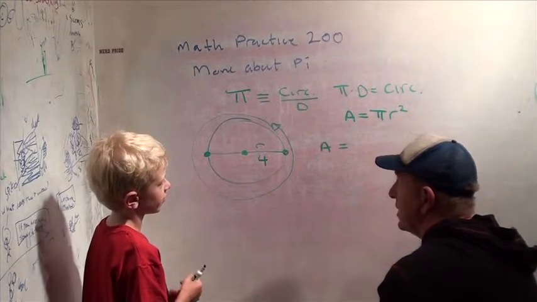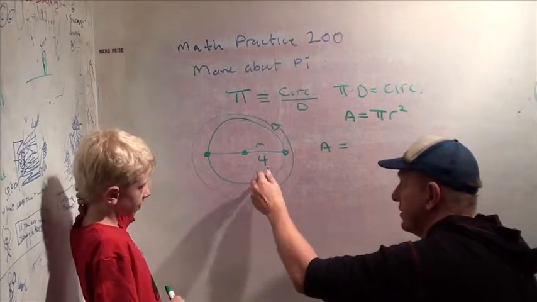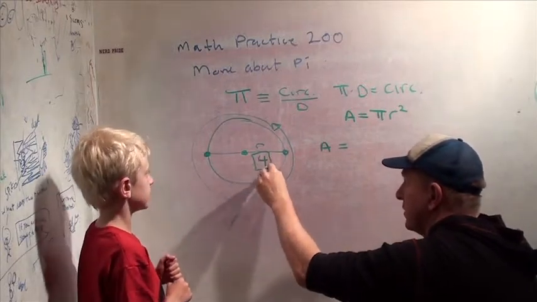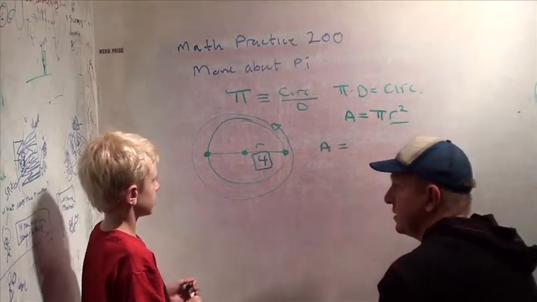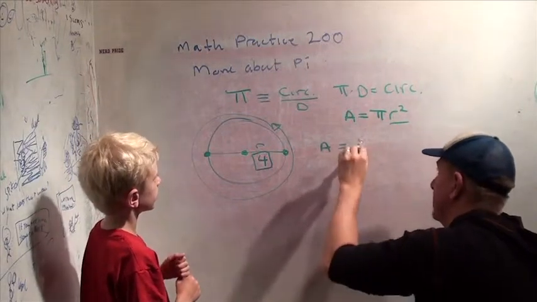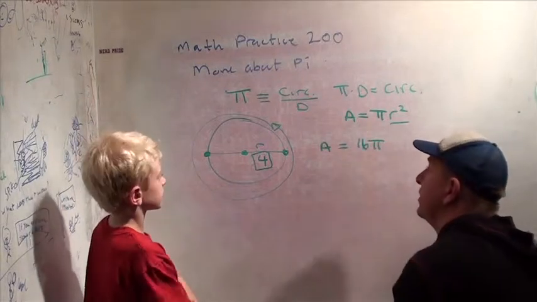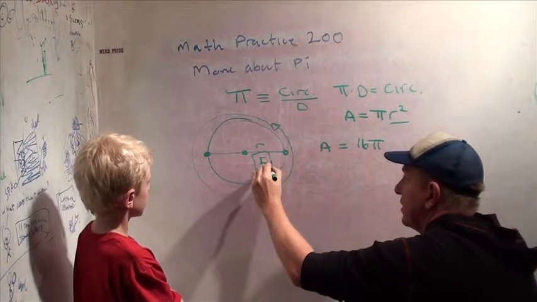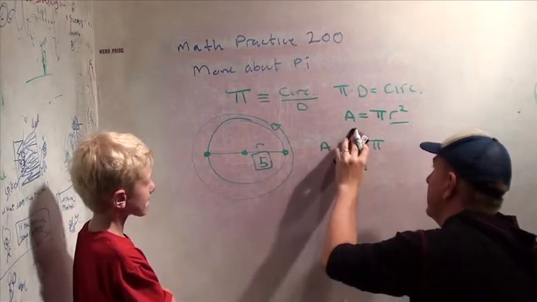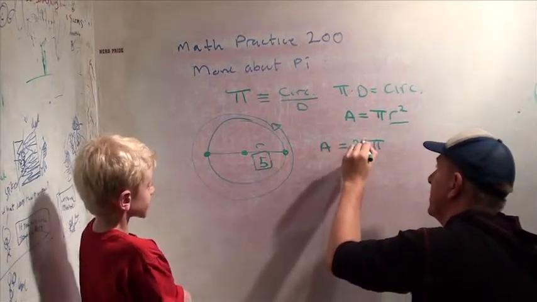No. The radius squared. What is 4 squared? 4 squared is 16. Okay, so that's our square right there. So what's my area? 16 pi. Very good. What if the radius is 5? 25 pi. You just square the radius.